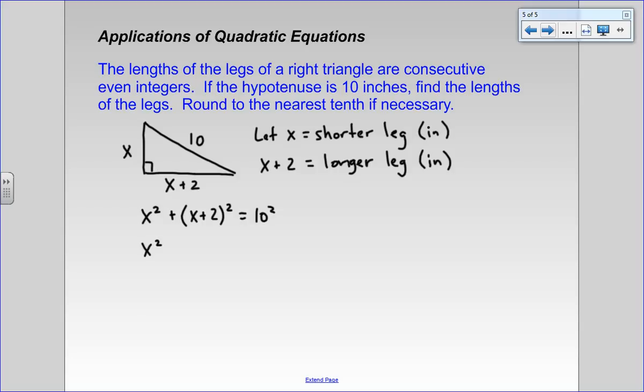Simplifying the left-hand side, as we multiply x plus 2 times x plus 2, we would get a perfect square trinomial, which is x squared plus 4x plus 4. And then on the right-hand side, we have 100. Let's write the equation in standard form. So we have 2x squared plus 4x, and then if we subtract 100 on both sides, we have minus 96 equals 0.